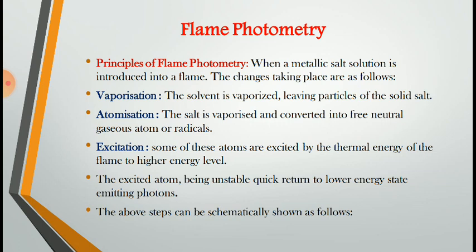This is the metallic salt. When we dissolve it in water as a solvent, it will be completely dissolved, because these are inorganic compounds that are easily dissolved in water, either KCl or sodium chloride. When this metallic salt solution is introduced into the flame, what will happen?